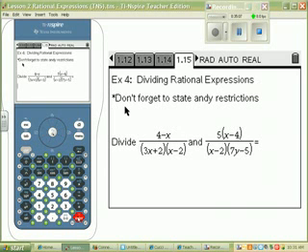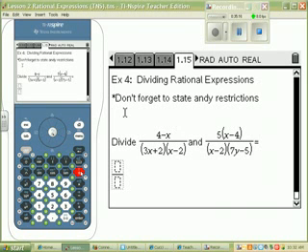So I want you to go up. You're going to put in your equal sign to enter to go down to the next line. So I put an equal sign at the end. I went down to the next line. Okay? Fraction template. You're going to write the first expression exactly as you see it. So 4 minus x over 3x plus 2, times x minus 2.